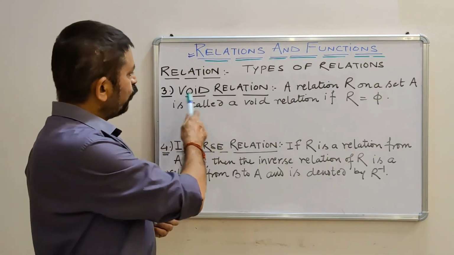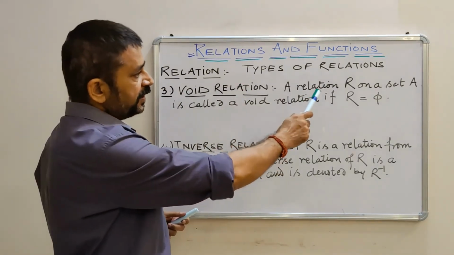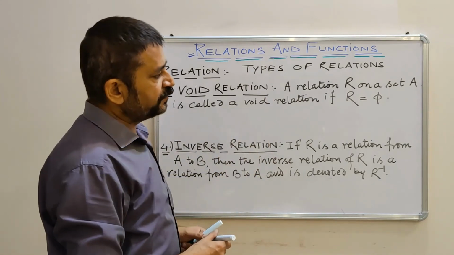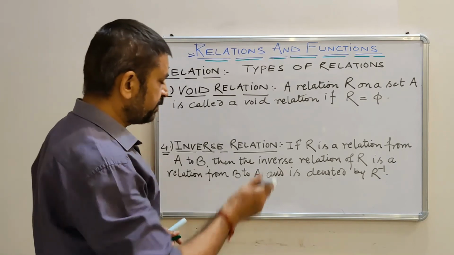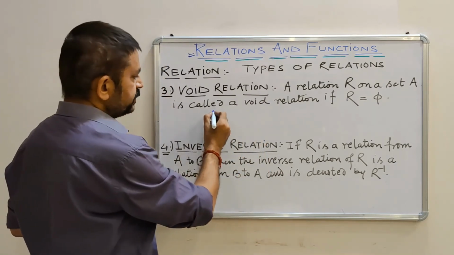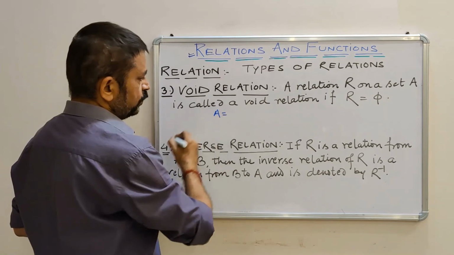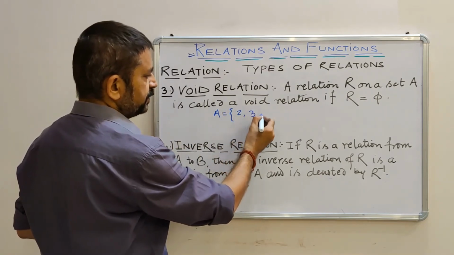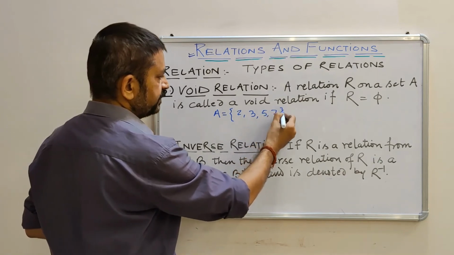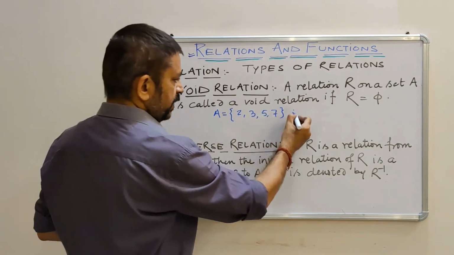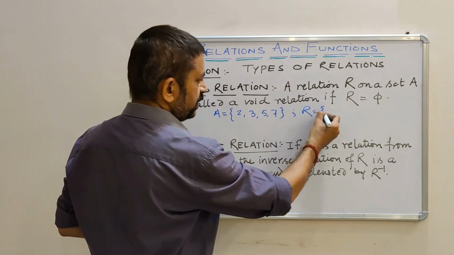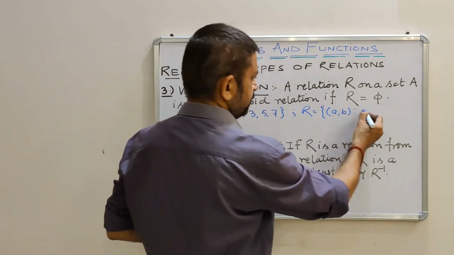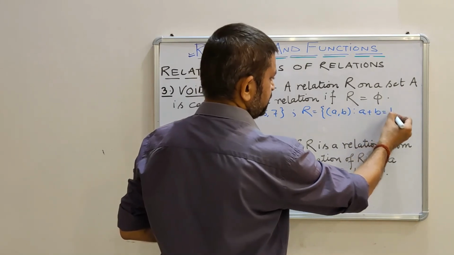Next type is a void relation. A relation R on a set A is called a void relation if R is equal to phi, that is the null set. What does it mean? Suppose one set A is given as 2, 3, 5 and 7 and we have defined one relation R, say (a, b), such that a plus b is equal to 1.